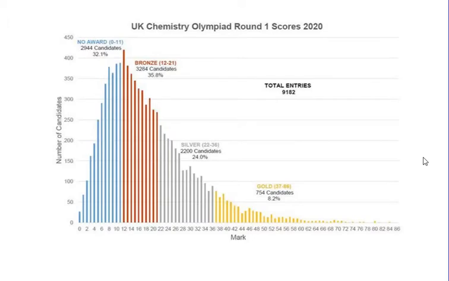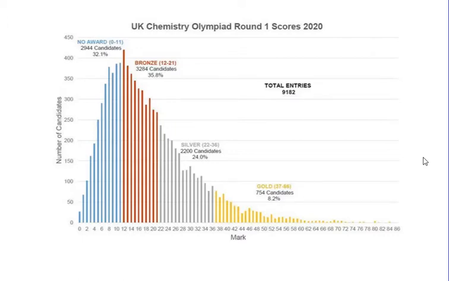What we're looking at here is a distribution curve, and this is actually shown as lots of bar charts. This is a distribution curve for the results of the UK Chemistry Olympiad. Now the Chemistry Olympiad is a very difficult extension paper that students who've got an interest in chemistry can take in their second year.